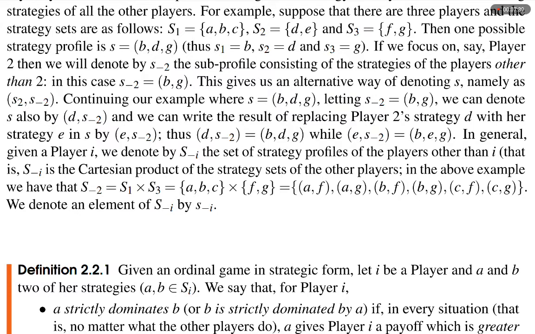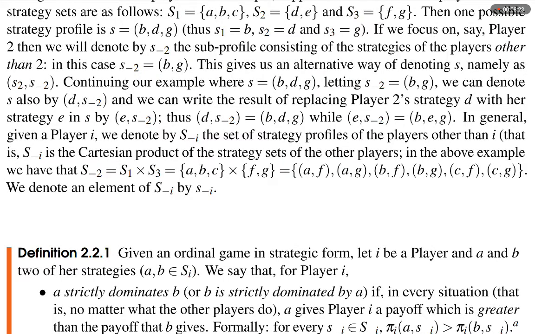Capital S sub 1 equals the set containing 3 elements A, B, and C. Capital S sub 2 equals the set with 2 elements D and E. And capital S sub 3 is the set of F and G. Then one possible strategy profile is S equals (B, D, G).